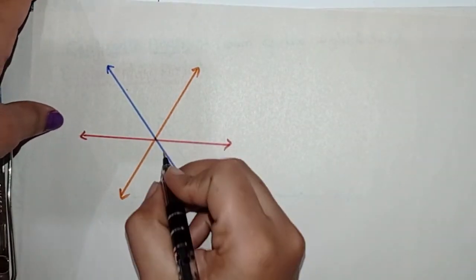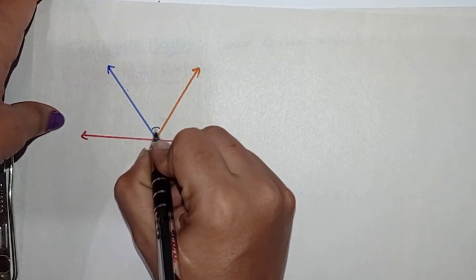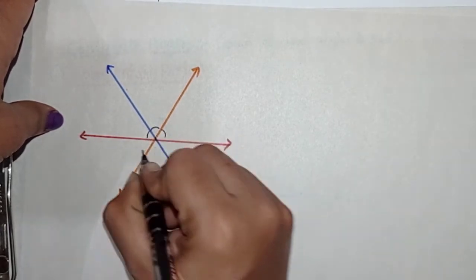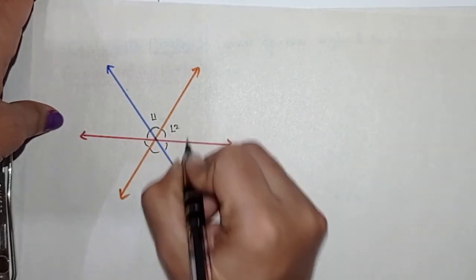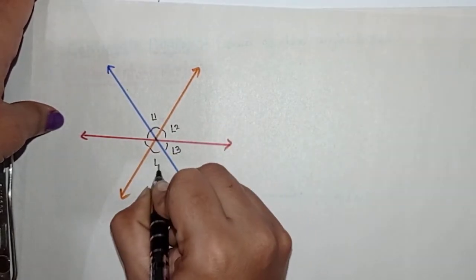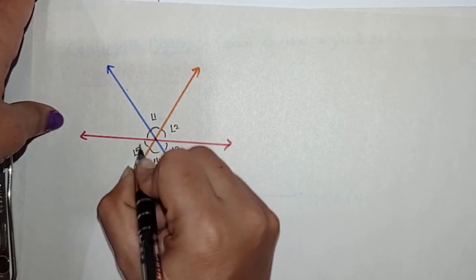And I'm going to name these angles with numbers: angle 1, angle 2, angle 3, angle 4, angle 5, angle 6.